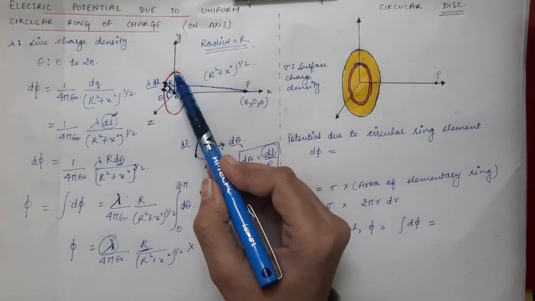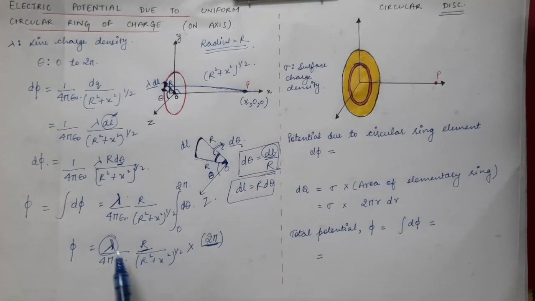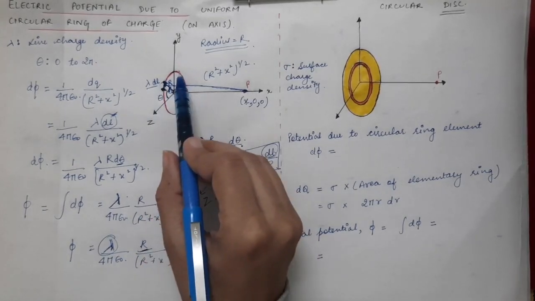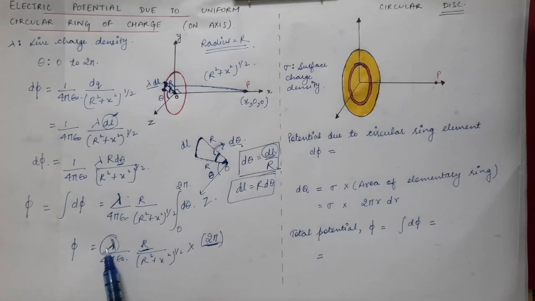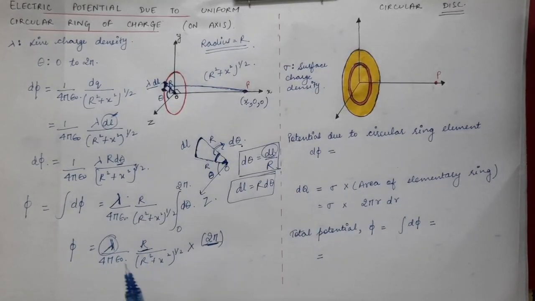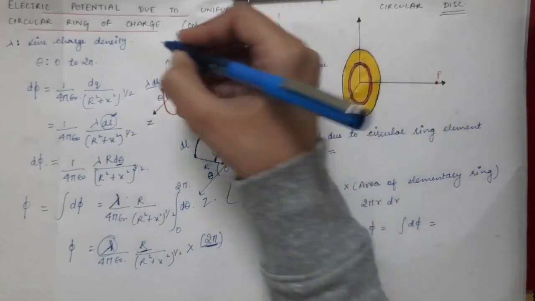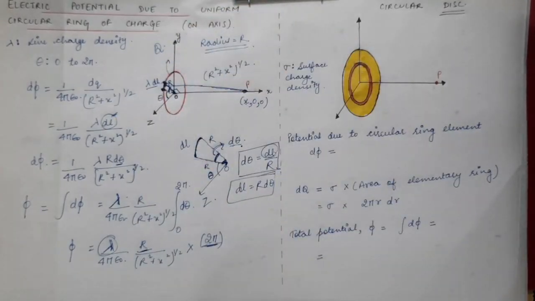Lambda is the charge present in unit length and 2 pi r is the total length of this circular ring. So when you multiply lambda with the total length, you will get the total charge. So let's say the total amount of charge on this ring is equal to capital Q.